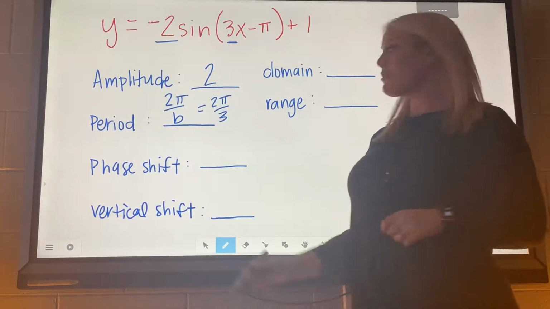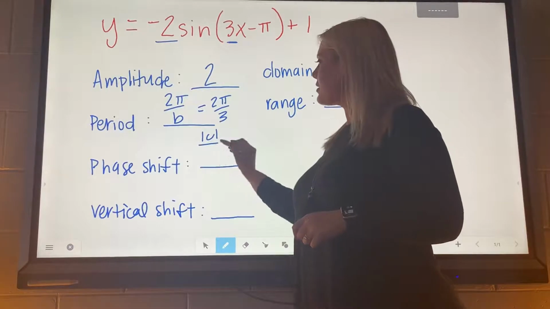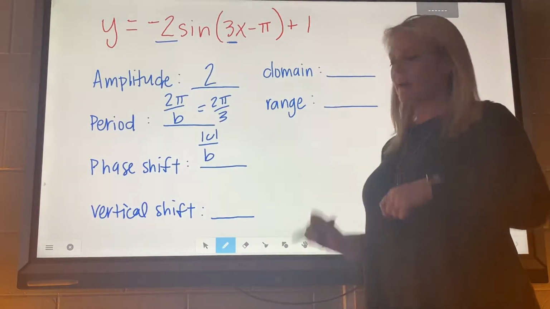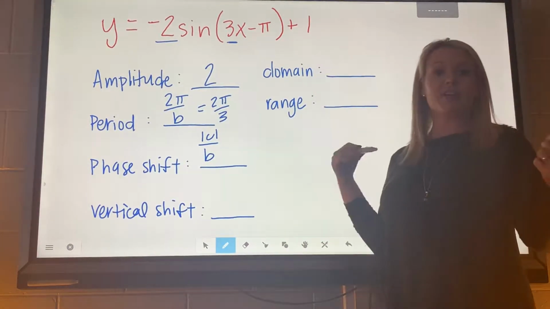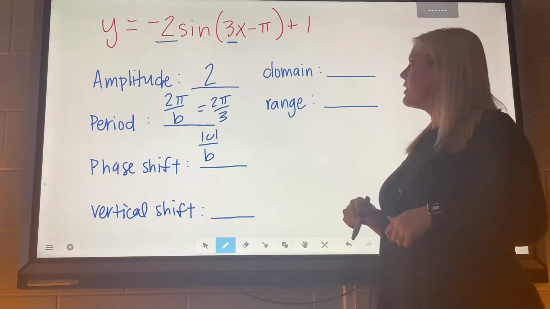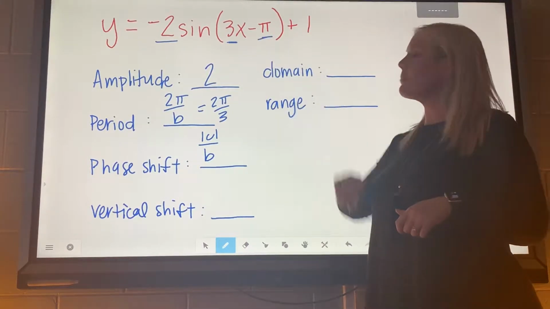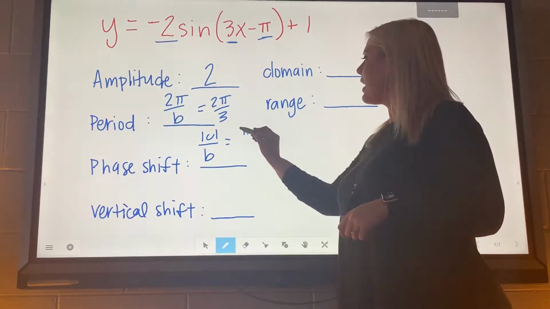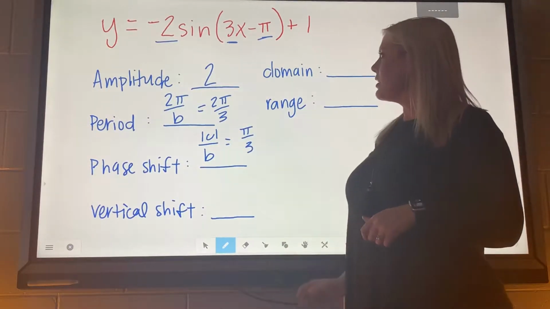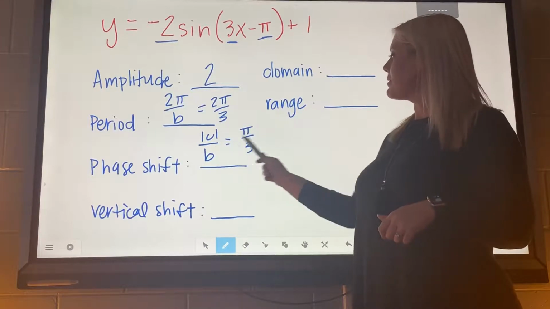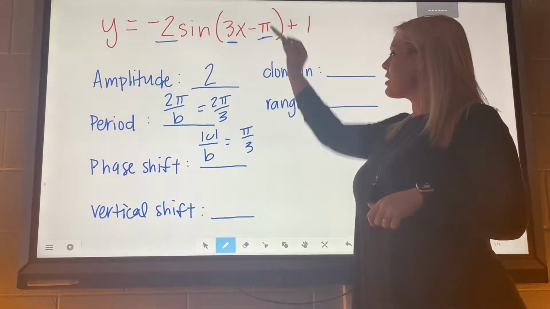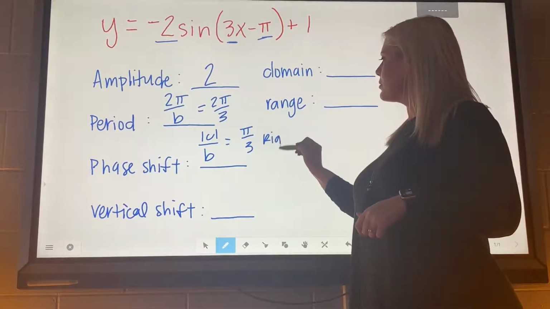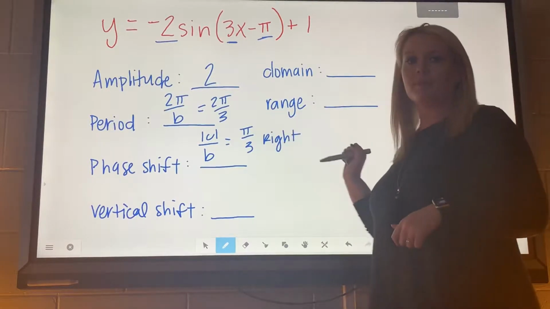All right, your formula for phase shift is the absolute value of c over b, and then we want to figure out if we're going to the left or to the right. So c is the number that's added or subtracted from x, so that would be pi over 3, because c is pi and b is 3, and then based on this minus, we know that we're going to be moving to the right.